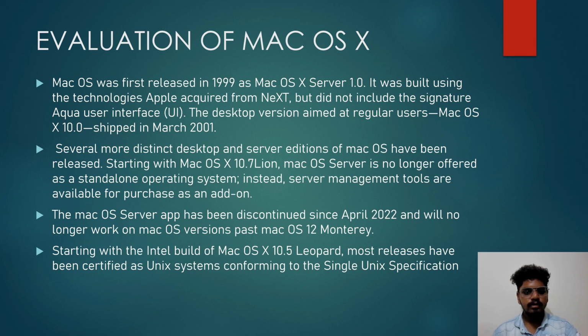This macOS Server app has been discontinued since April 2022 and will no longer work on macOS versions past macOS 12 Monterey. Starting with the Intel build of Mac OS X version 10.5 Leopard, most releases have been certified as Unix systems conforming to the Single UNIX Specification.